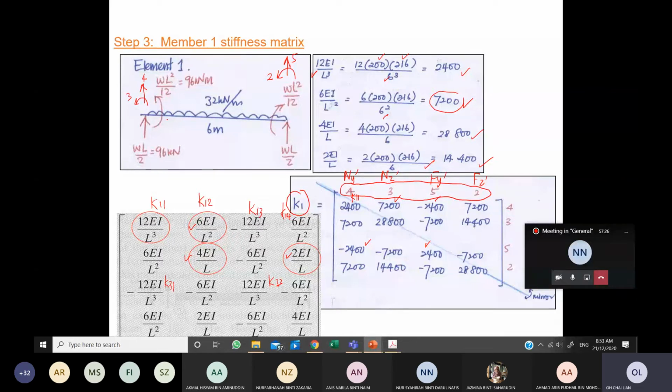You go to your information. Now you see that number 4 is actually your vertical y at the near end, and then 3 is the rotation. So you have 4 and 3. Then at the far end, the vertical first, 5 and 2.